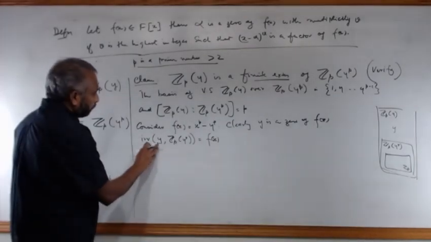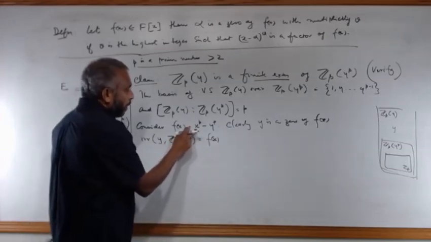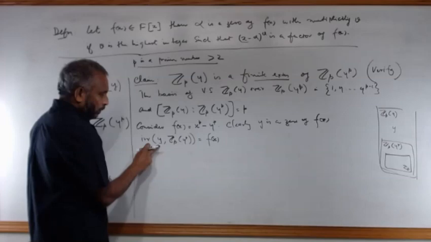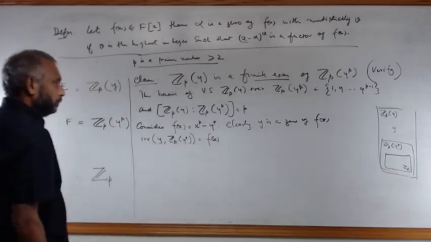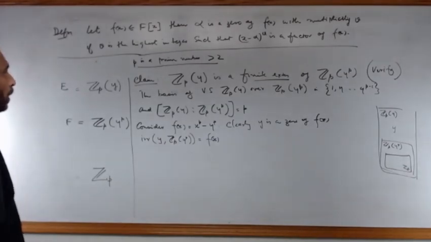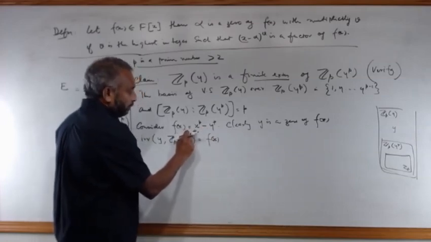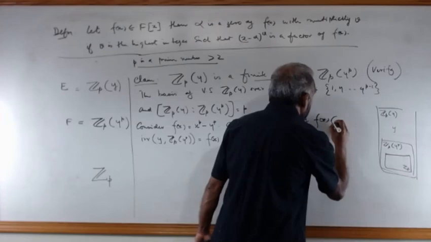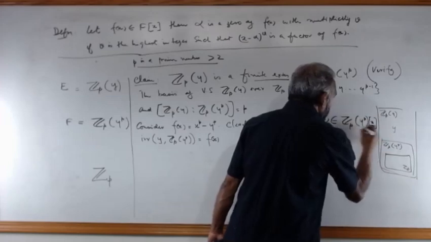That is because this is the polynomial of lowest degree where y is a 0 of f of x, and it belongs to Z_p(y^p)[x].